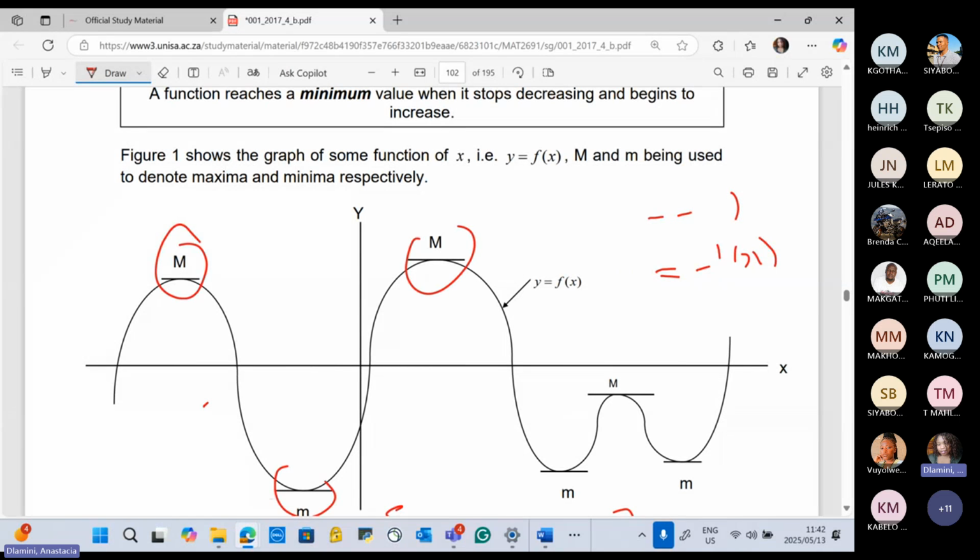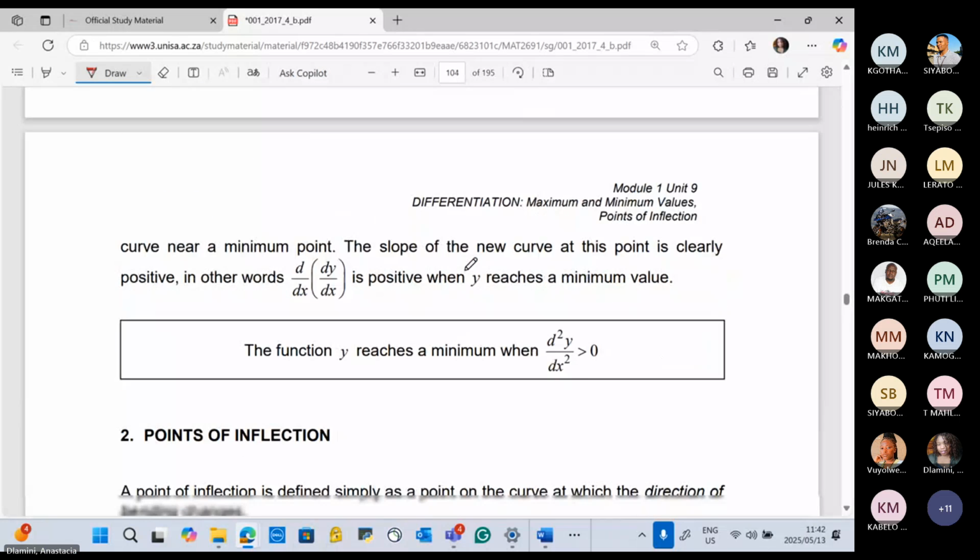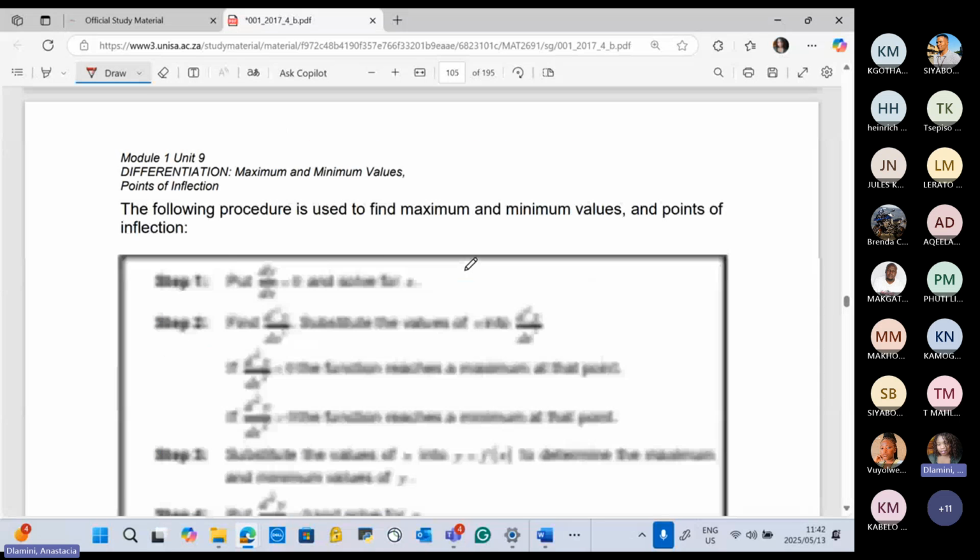So if we find the derivative dy/dx equal to 0, we are finding the x values where the derivative is equal to 0. Meaning we are finding the x value here, here, here, and here. That's what we are finding for the first step. Are we all together?